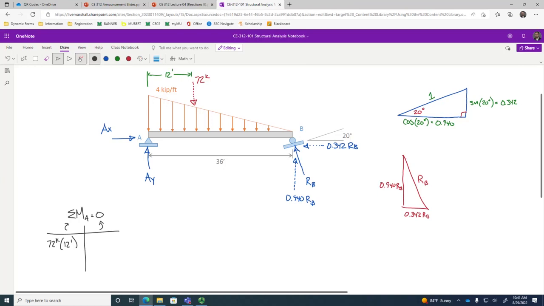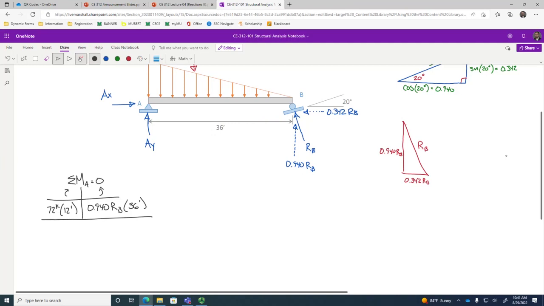Because again, I'm drawing it down here, but really it's acting at this point, just as these are acting here, so that horizontal component goes directly through A. I do have 0.940 RB acting like this. So 0.940 RB times a moment arm of 36 feet. And that's it. That's really all there is to it.